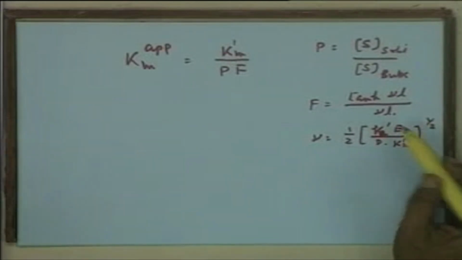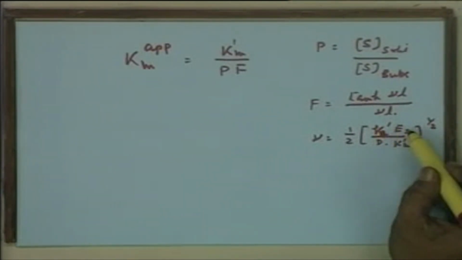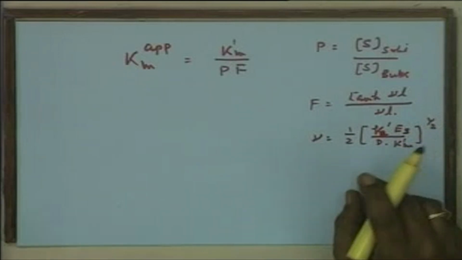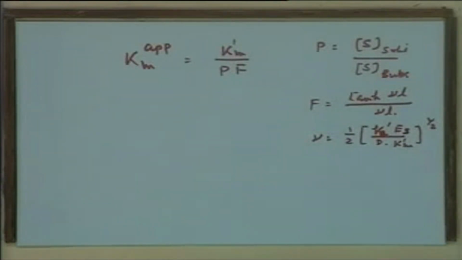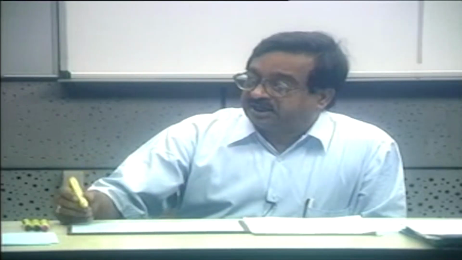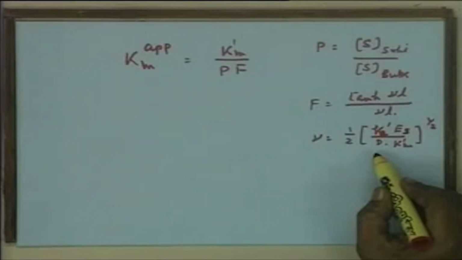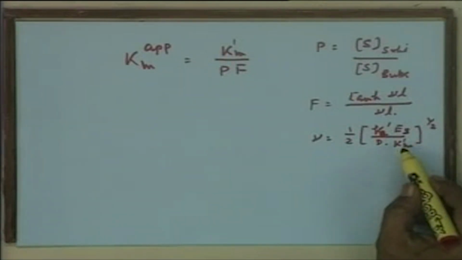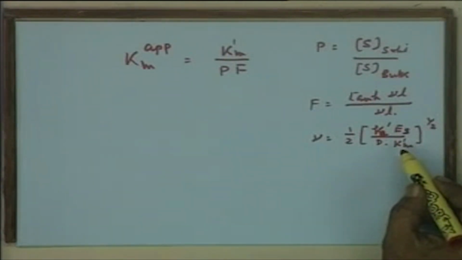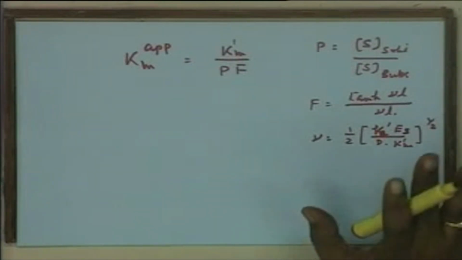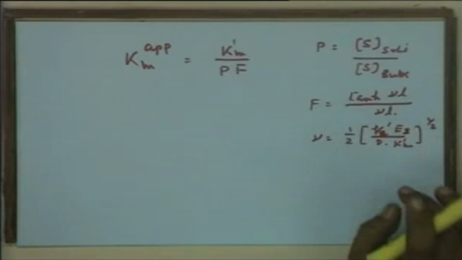Now, if you see in this expression K2 dash Es, instead of writing S0 I am writing Es, that means the enzyme concentration in the solid phase and not E0, because as a result of conformational changes the enzyme concentration in terms of activity can get altered, and D is the molecular diffusivity and K dash m is the inherent kinetic Km value of the enzyme as a result of taking into account the modification, the conformational changes.